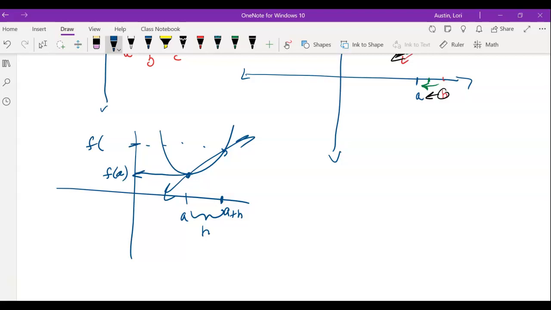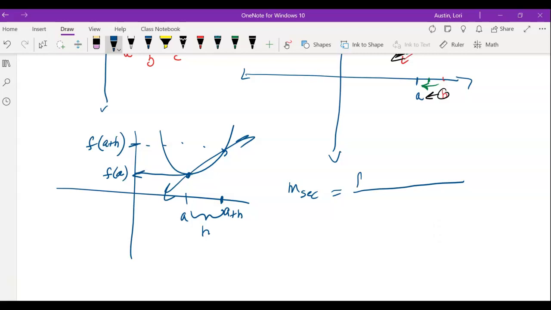A plus h. All right, so if I were to find the slope of the secant line, not the tangent, because this is between the 2 points, well, the slope of the secant is simply what?